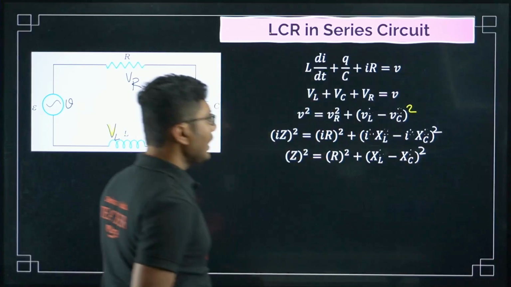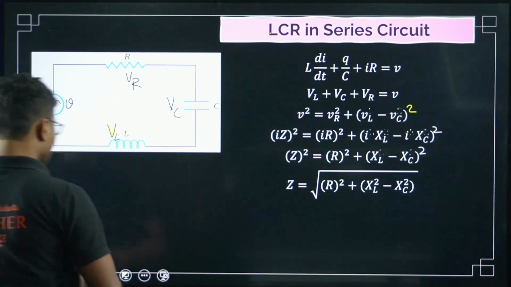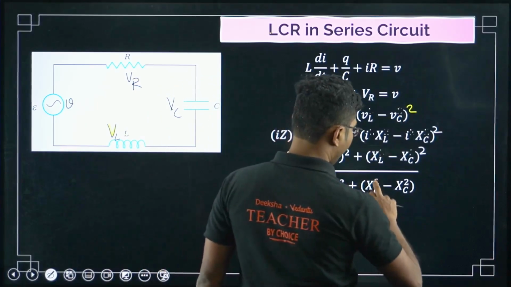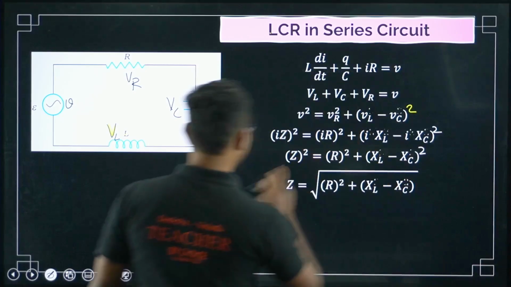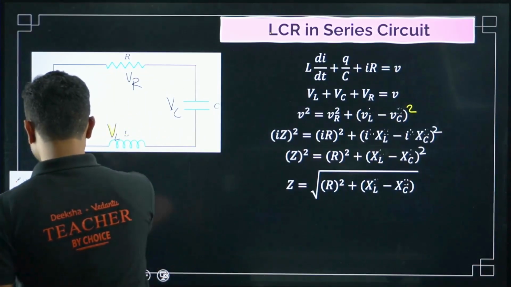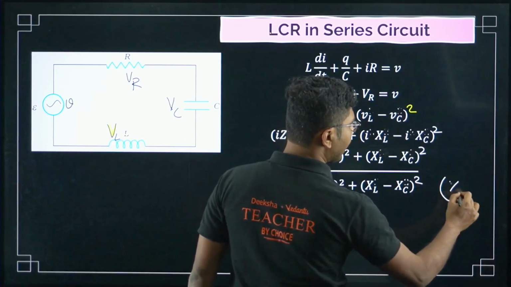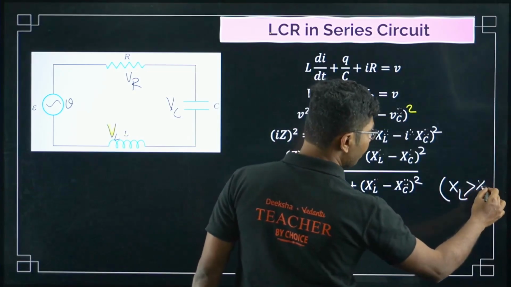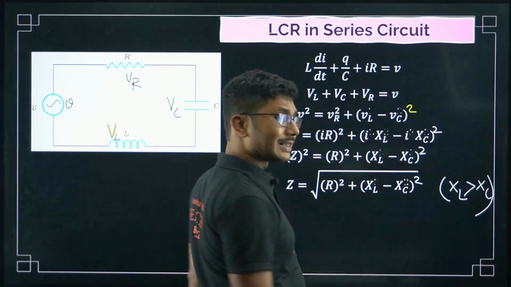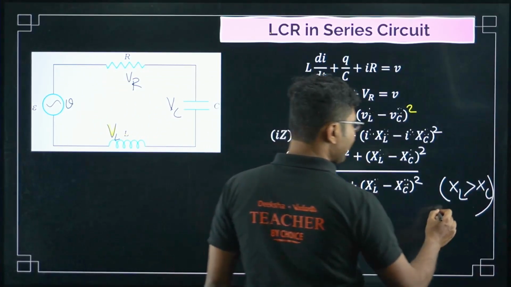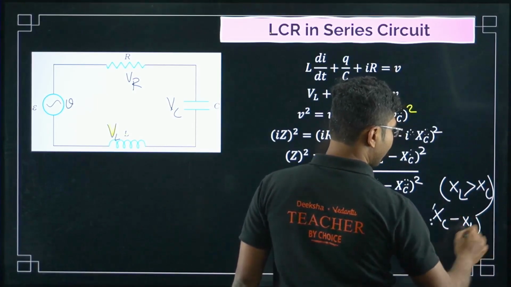Generally we consider XL greater than XC. We have assumed XL is greater than XC, which is true in most cases. In some cases if XC is greater than XL, you just reverse this: XC minus XL whole square.